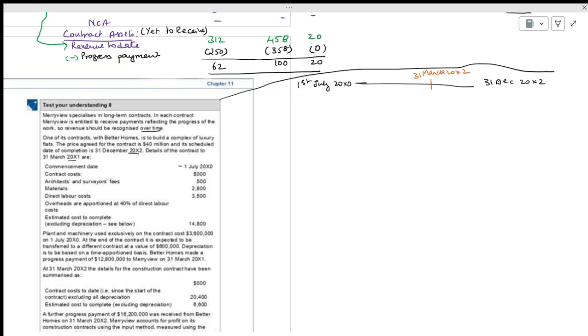Calculate how many months there are. 1st July 2000 to 2001, then 12 months.